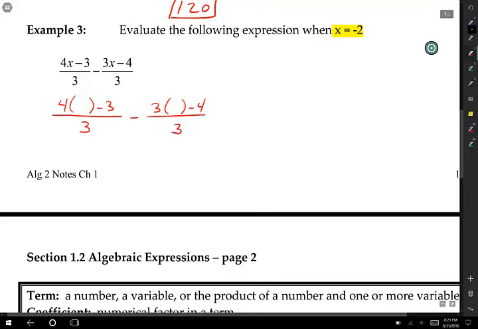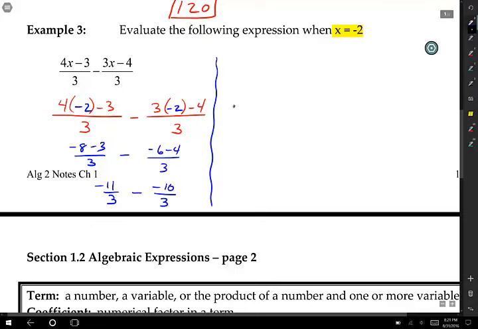We're going to put the value -2 into each of our problems. That's -8 minus 3 over 3 minus -6 minus 4 over 3. That's -11 over 3 minus -10 over 3. Hopefully you see that minus a minus means we're going to have a plus 10 over 3, giving us a minus 1/3 as an answer.